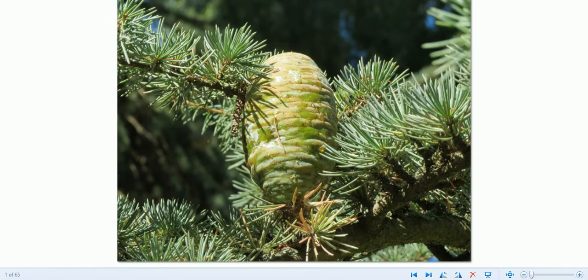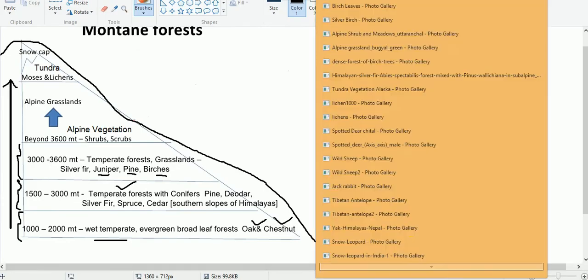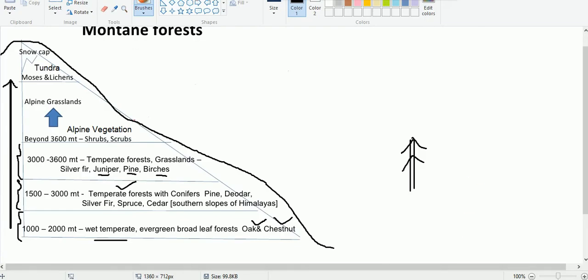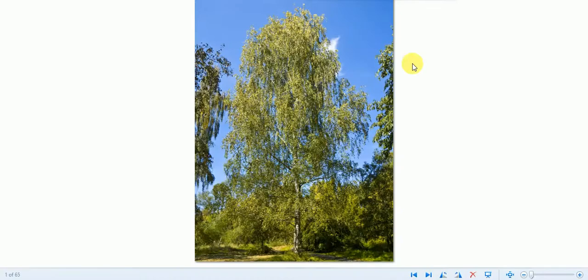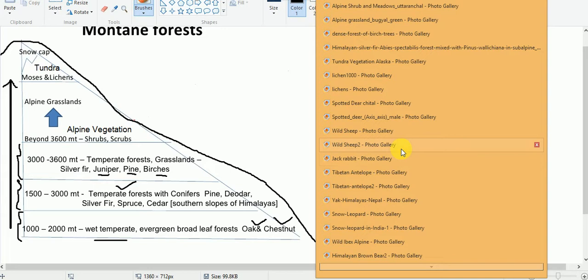And this is cedar, that I have shown you earlier, the female cone and leaves of this cedar. This photograph shows birch leaves. And this is a photograph showing silver birches. So these are important trees grown in this area.